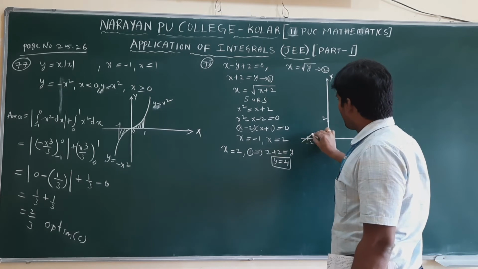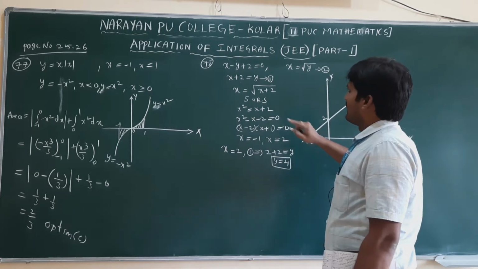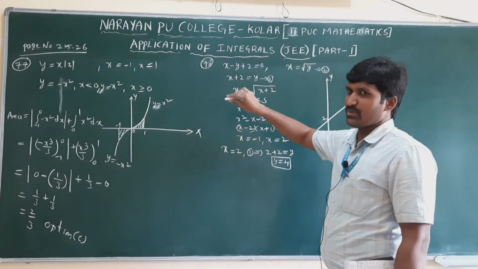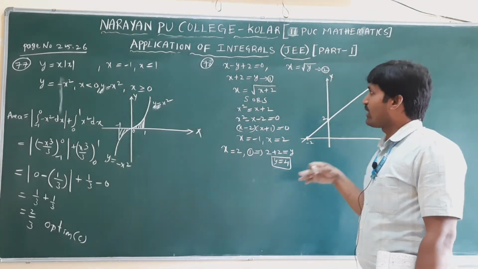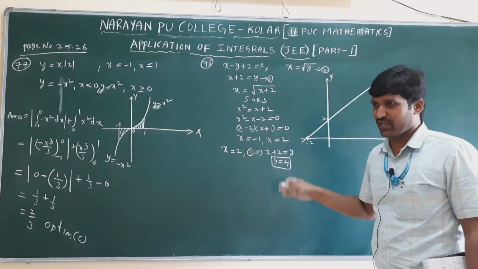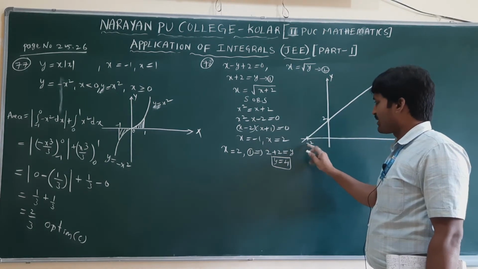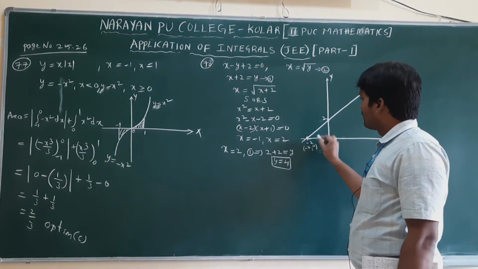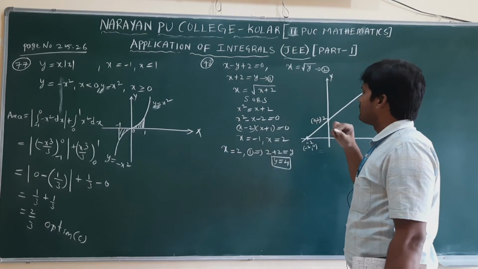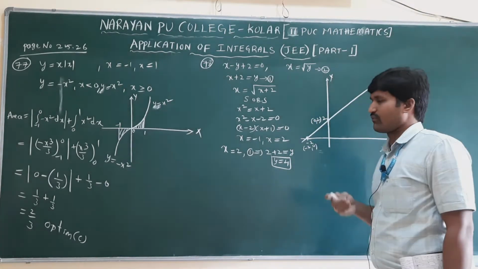This line is clearly passing through these 2 points because this curve is not symmetric with anything. But how to evaluate this? Where these two cross the x and y axes, we are finding, curve tracing method wise. Now this line is crossing the x axis at minus 2 comma 0 and the y axis at 0 comma 2. The curve, where it is passing we don't know exactly, we need to draw the graph.